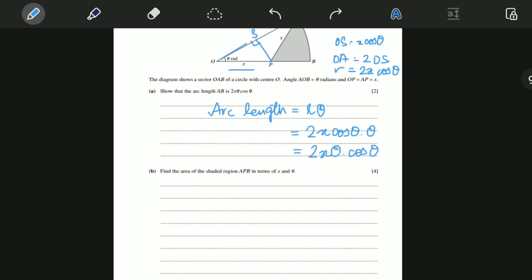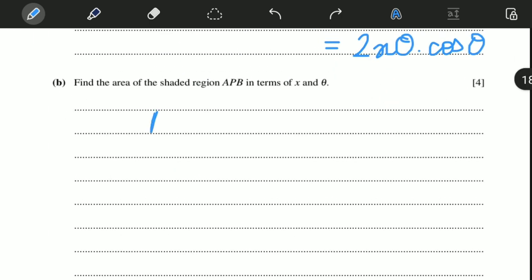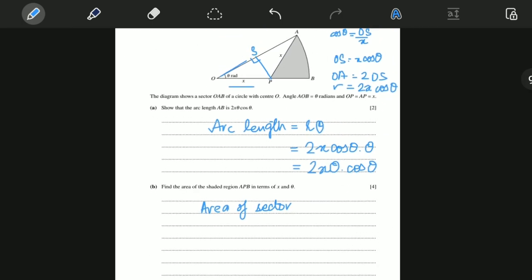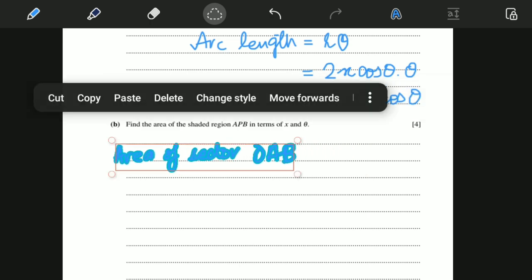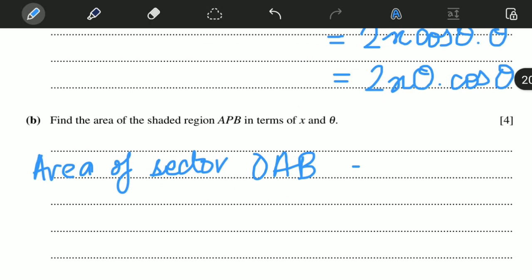So first let's find the area of the sector. Area of sector OAB is equal to half r square theta.